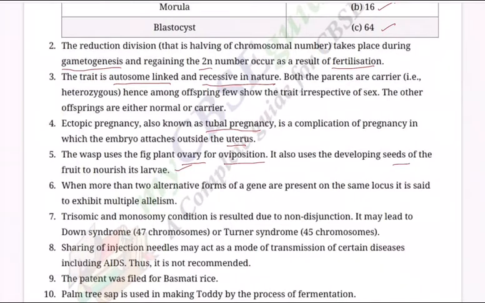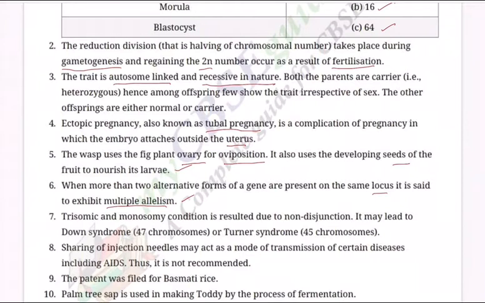Question 6. Define multiple allelism. When more than 2 alternative forms of a gene are present on the same locus, it is said to exhibit multiple allelism. Multiple means many alleles. Question 7. Suppose 2 individuals, one has 3 chromosomes of a type, while the other has 1 chromosome of a type.